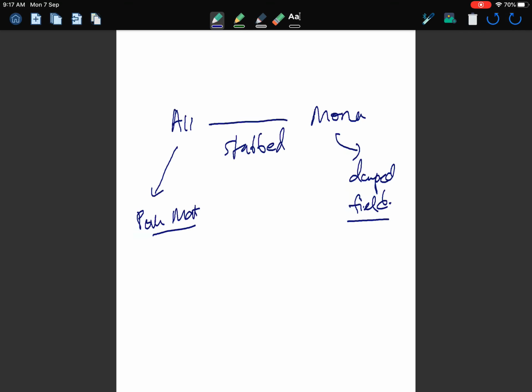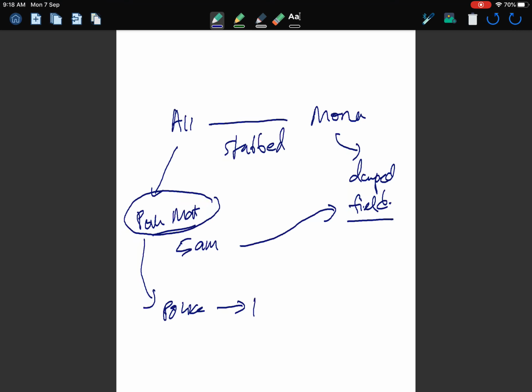And you have Pak Mat, who is a rubber tapper, and he is about to go tapping, so he has to go across the field, and he sees the body of Mona lying on the ground. When you go for rubber tapping, it's very early in the morning, let's say it is 5 a.m. He saw the body of Mona dumped at the field.